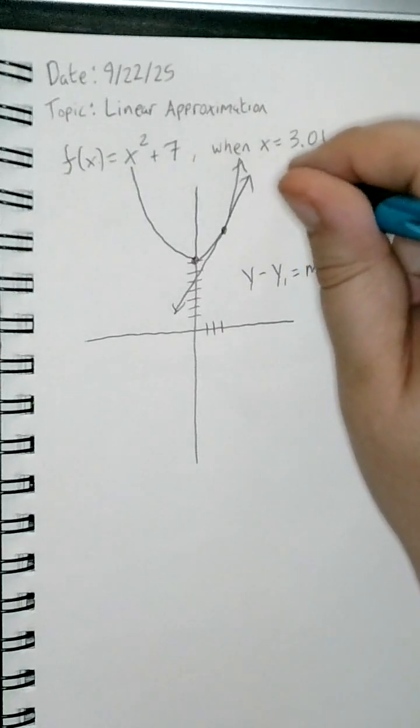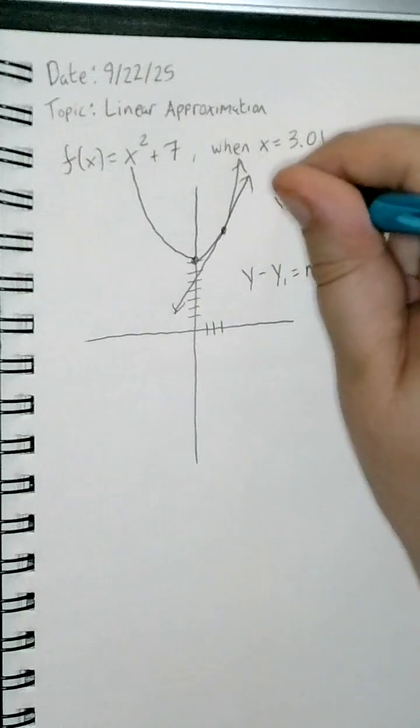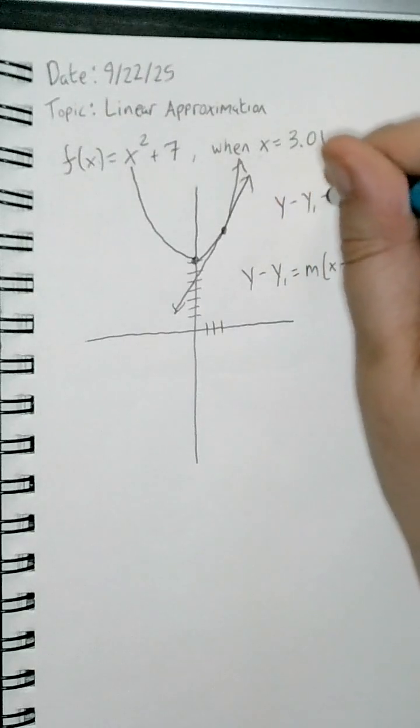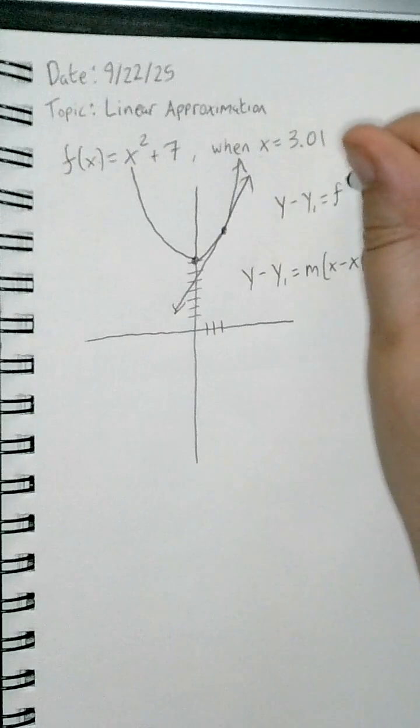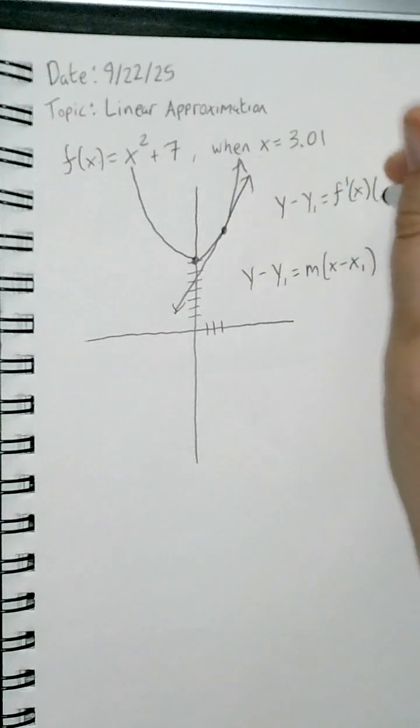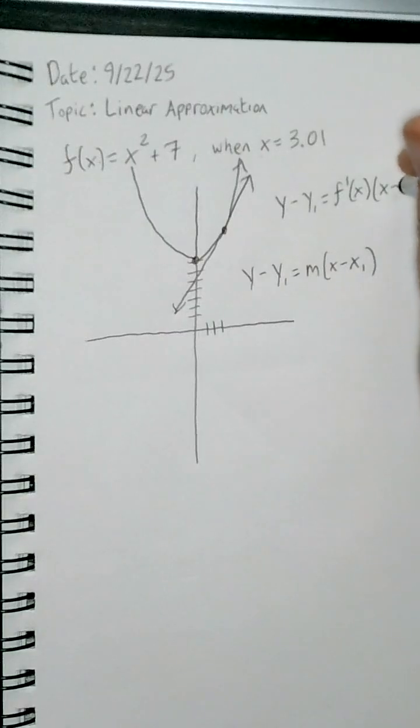So far I have y minus y1 is equal to f prime of x times x minus x1.